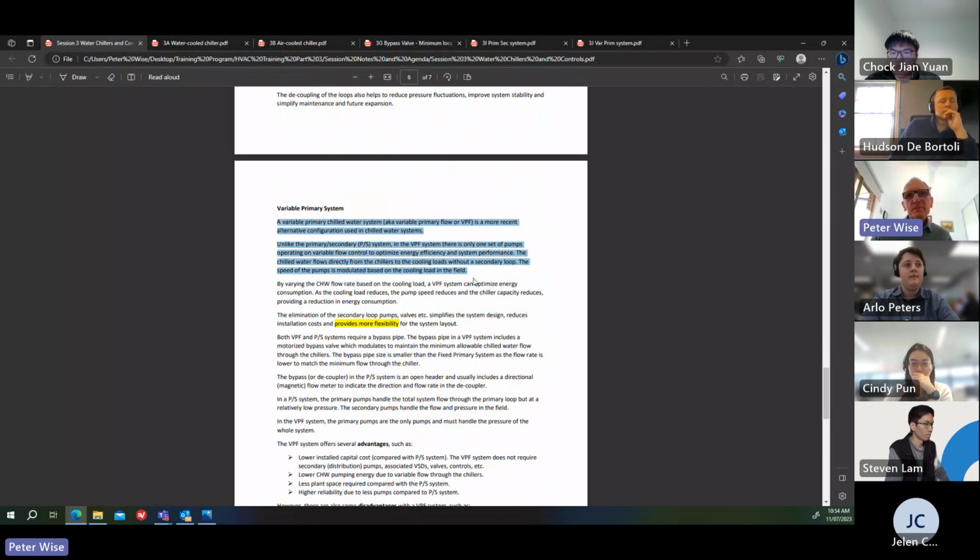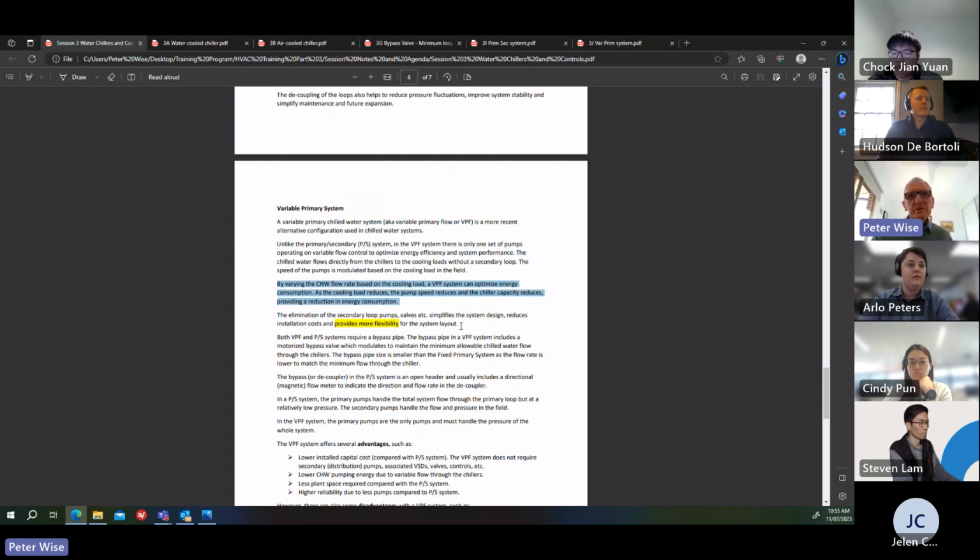Speed of the pumps is modulated based on the cooling load in the field, and also the bypass is controlled. So this is quite a complex control system. By varying the chill water flow rate based on the cooling load, the VPF system can optimise energy consumption. As the cooling load reduces, the pump speed reduces, chiller capacity reduces, and that provides big savings in energy consumption.